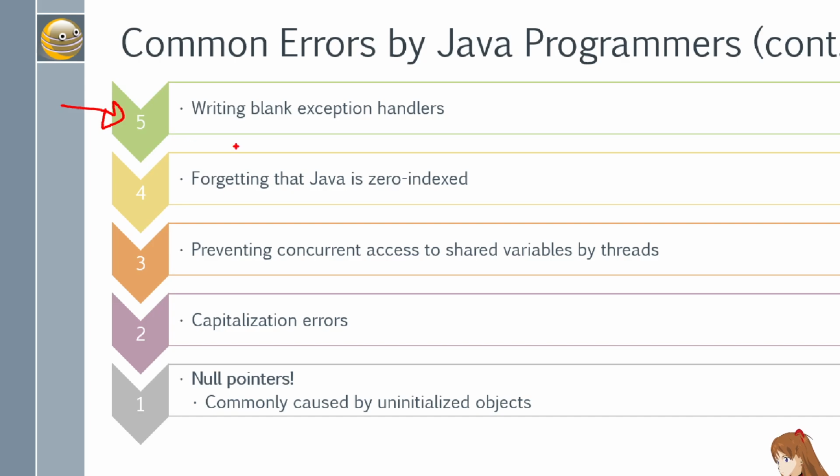So, the fifth most common errors is blank exception handler. That means you actually write the code for handling exception. But in that block of code, you forget to write anything. So it's just a blank block of code. So, doesn't work.